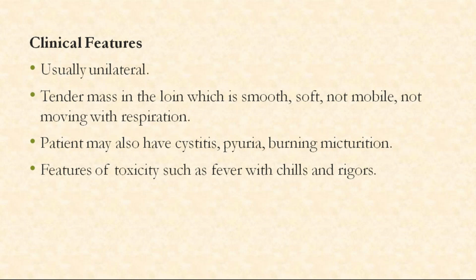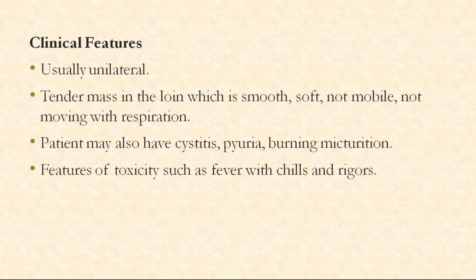Why? Because inflammation is there. The perinephric region may attach to the surrounding structures, so it is not mobile like a normal kidney. So when you examine the loin, there is a palpable tender mass, smooth, soft, and not moving with respiration.